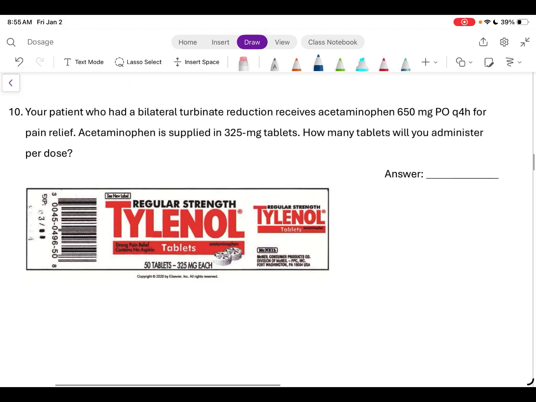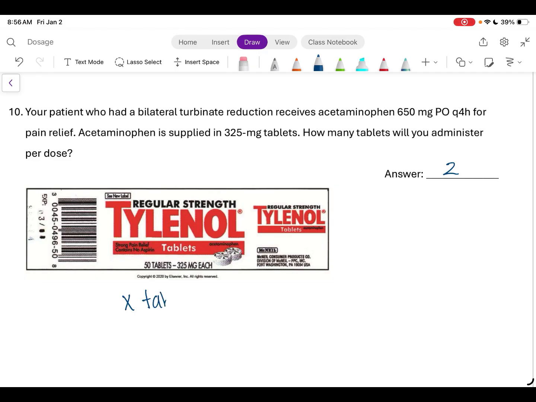All right. Your patient had a bilateral turbinate reduction. He's supposed to get 650 milligrams of acetaminophen. Your acetaminophen comes in 325 tablets. How many tablets will you administer per dose? Again, you could just look at this and say, oh, it's 2, which would be correct. Let's do it.